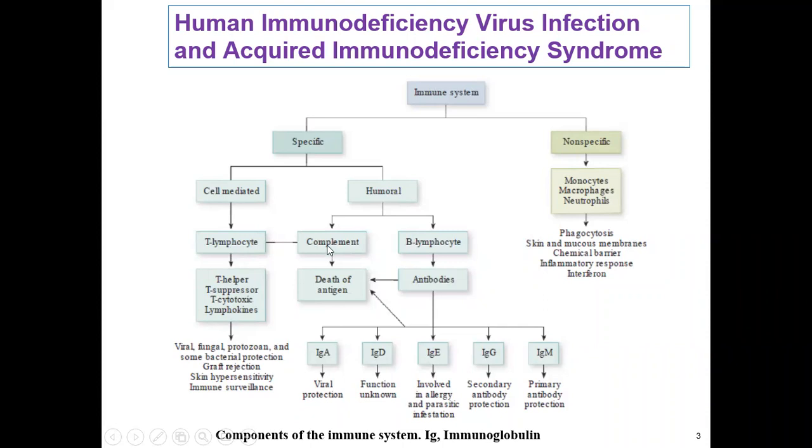Humoral one: complement system or B lymphocyte. B lymphocyte can produce antibody in presence of antigen.